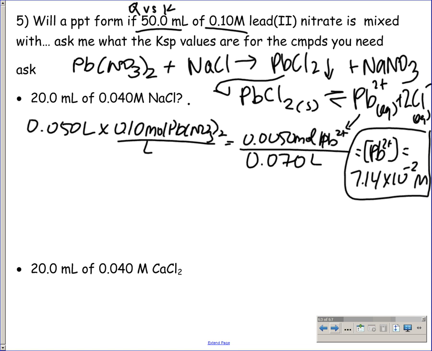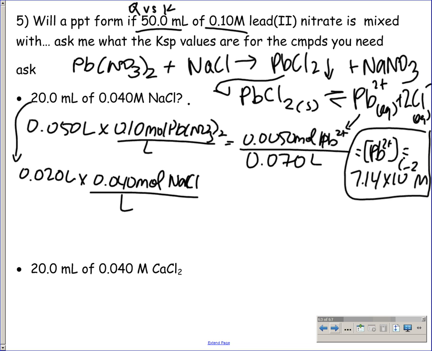Okay, so I want to put a little I right here: one initial concentration established. The other one is which one that we want to get? Cl. Okay, so we're going to take 0.020 liters times 0.040 moles of NaCl per liter. That's going to give me 0.0008 moles of chloride ion, because for every 1 sodium chloride, I make 1 chloride.